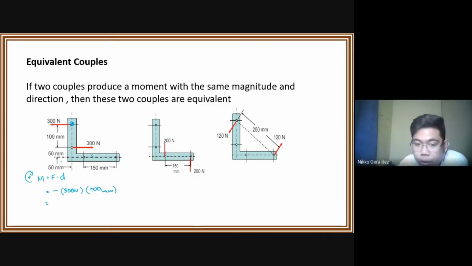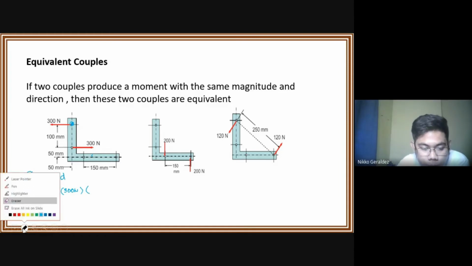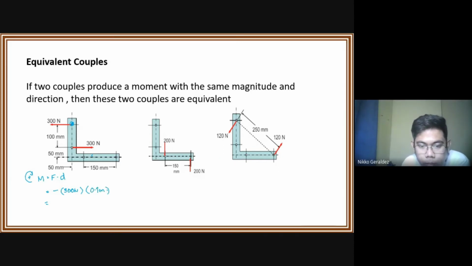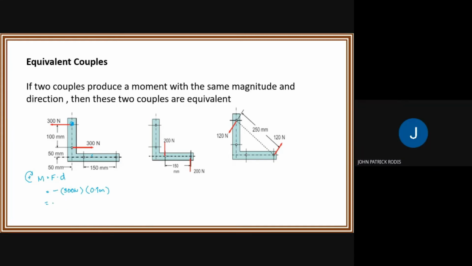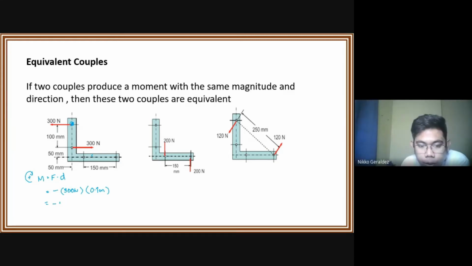Gagawin na lang natin meter para uniform. So that is 0.1 meter. So that is negative 30 Newton meter. So yun yung magnitude.